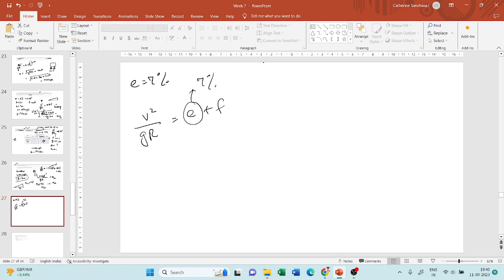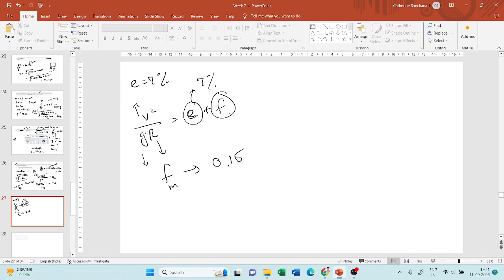I have to ask the help of friction to make my section safe. So in that case, I will fix E as 7% and find out what F is. How will I find out what F is? Because I know the radius, I know g, I know the speed of the vehicles on the road. So using all these values, I can find the value of F. Now you know the maximum value of F is 0.15, right.